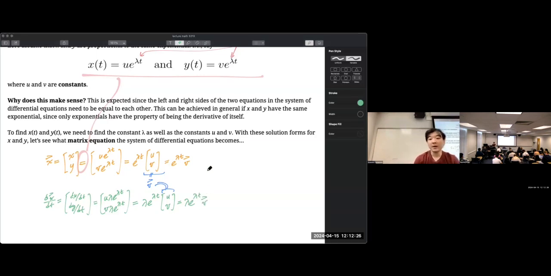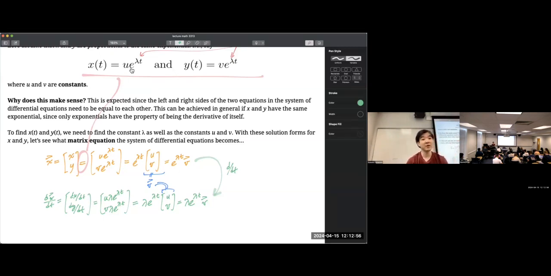Okay. Another way you could have done this, we did it like this right here, but another way is if you wanted to, you could have gone directly from this to here. If you think about this, this is our vector x. So if we just took the derivative of this vector x with respect to t, then it's like saying the vector v is not a function of t.